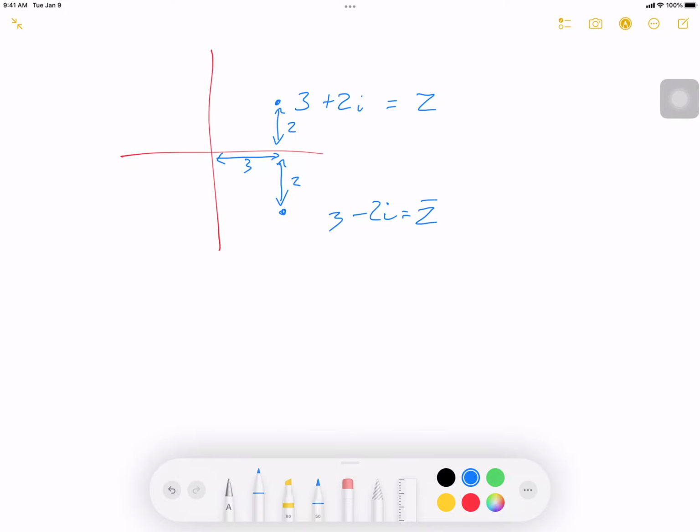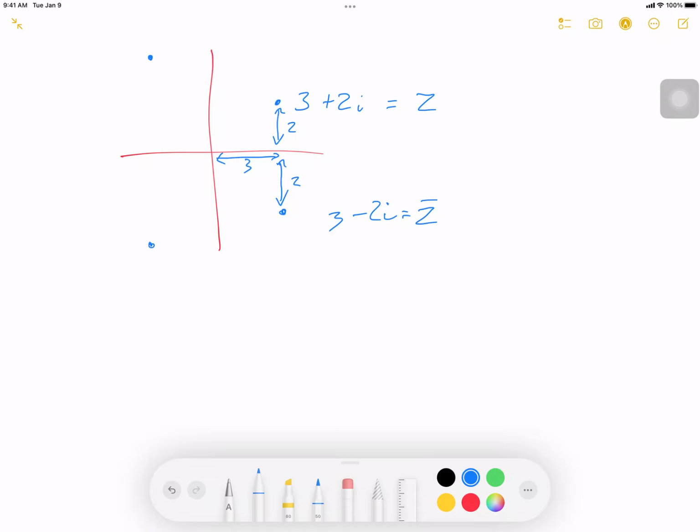Now even if the real part is negative, then I'm still going to get that reflection idea coming in there. So let's call that maybe minus 3 plus 5i and minus 3 minus 5i.